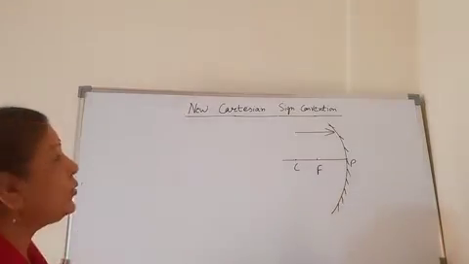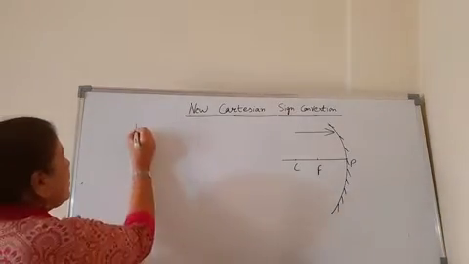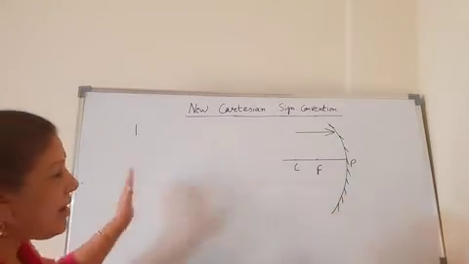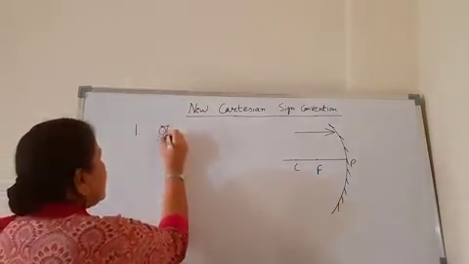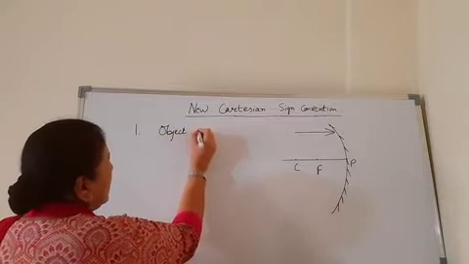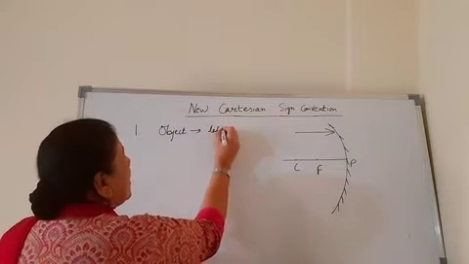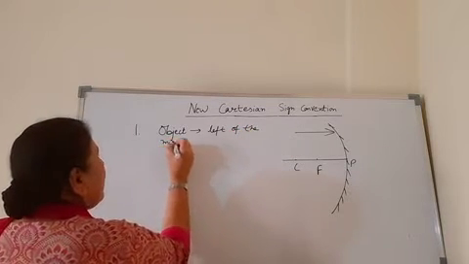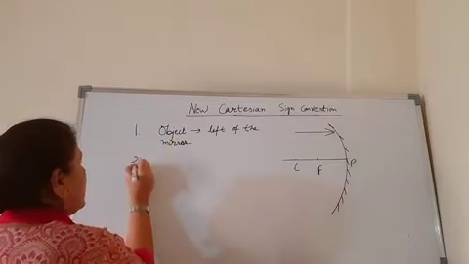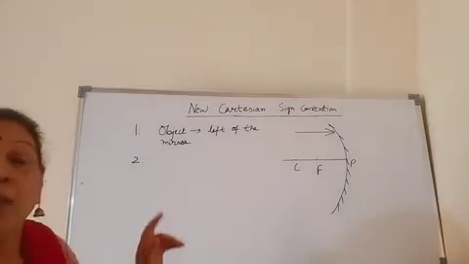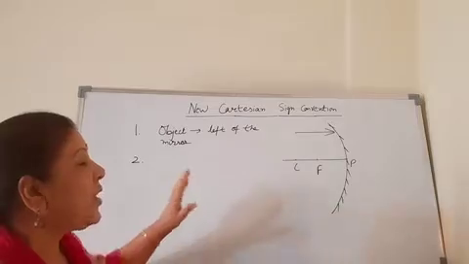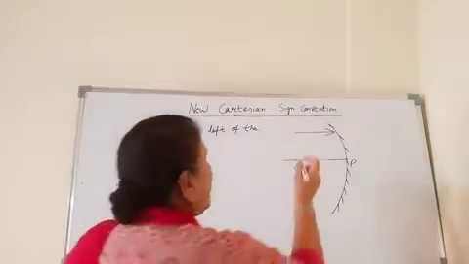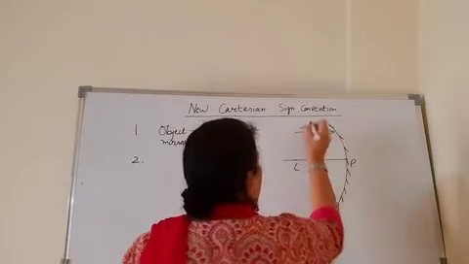According to the new Cartesian sign convention, the first point is that the object is to be placed to the left of the mirror. Second, all the measurements which are taken along the direction of the incident ray are positive.